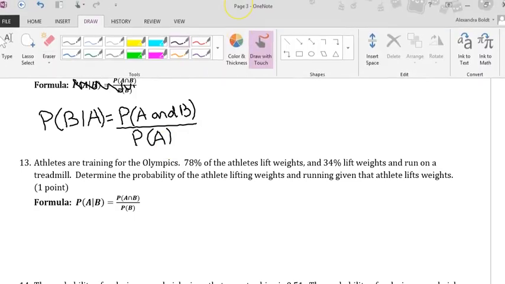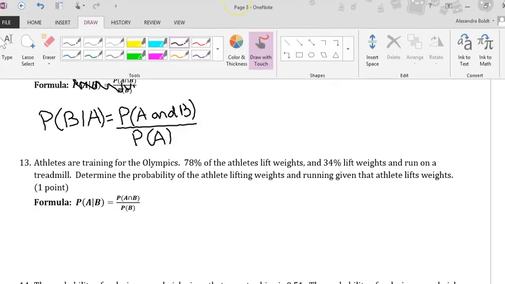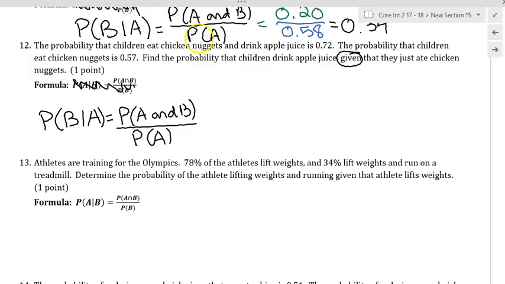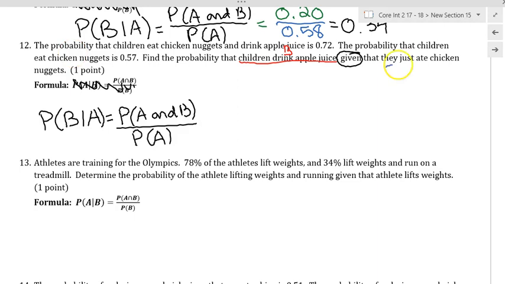So, I'm going to find my given. Find the probability that children drink apple juice given. B comes before. B is that children drink apple juice. Eating chicken nuggets is A. So I'm finding the probability of drinking apple juice given chicken nuggets, right?